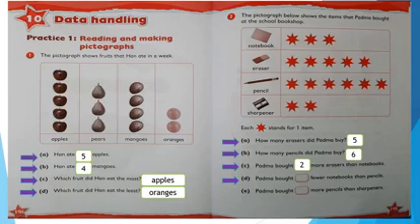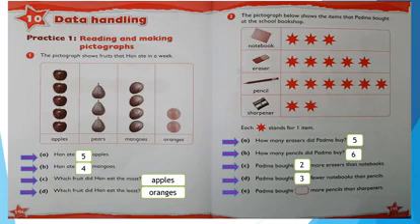Padma bought blank fewer notebooks than pencils. So notebooks 3, and for pencils we have 6. So how many fewer notebooks? Okay, so the answer is 3. And the last one, letter E, Padma bought blank more pencils than sharpeners.